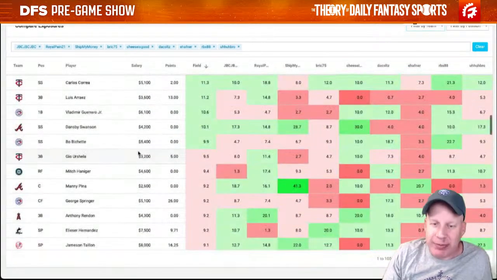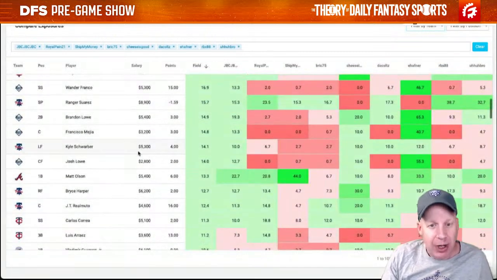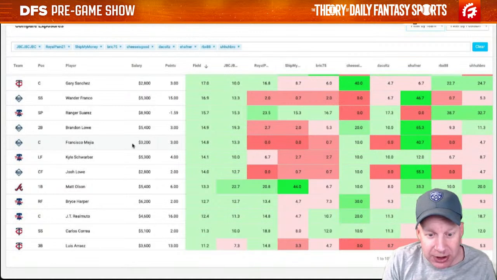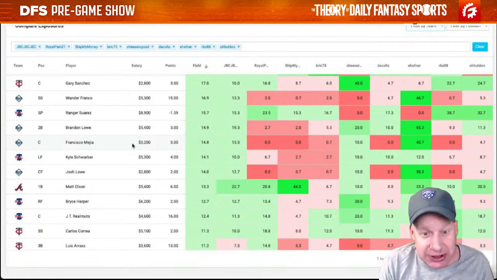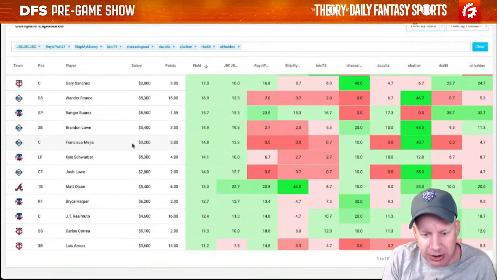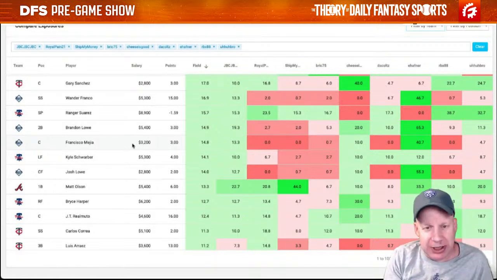Obviously, you may have Blue Jay stacks versus A's stacks, but from a one-off perspective, if both of them hit 2 home runs, 3 home runs, 4 of them, let's keep going. Vlad Guerrero is sitting there with 60 fantasy points, and Matt Olson goes off and hits 4 home runs, now he's sitting there with 60 fantasy points.